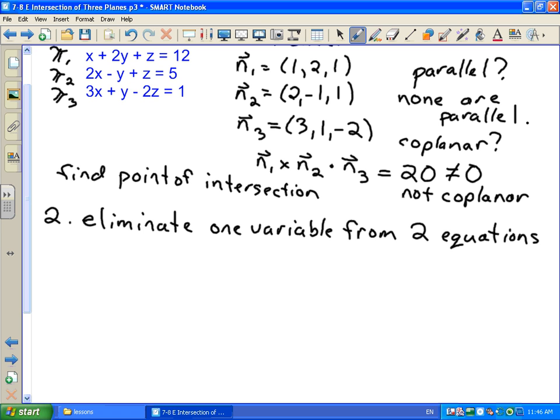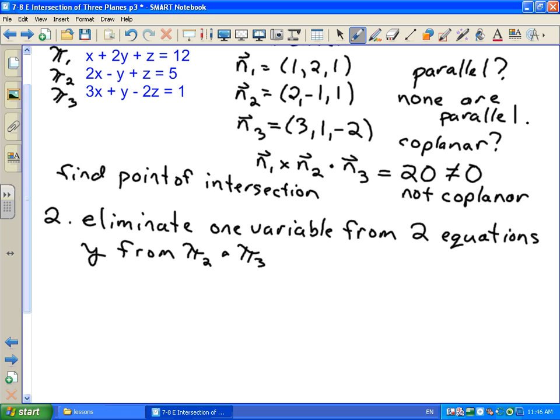And the two equations that we pick are the ones that are easiest to work with. So I think the easiest one to do here is going to be eliminate y from plane 2 and plane 3, because it's already set up nicely to do elimination.